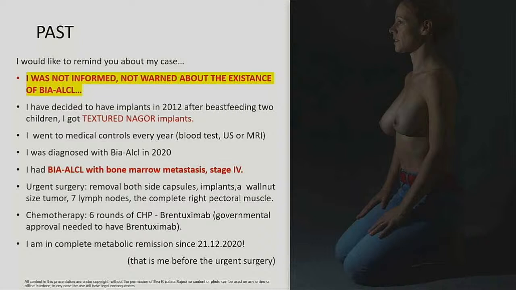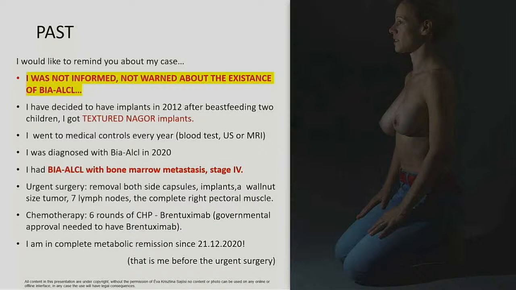So when it was the pandemic period in 2020, I felt really weird and I didn't know what was happening in my body. That's the year when I was diagnosed with BIA-ALCL. Not only BIA-ALCL, but I had bone marrow metastasis also, both stage 4.